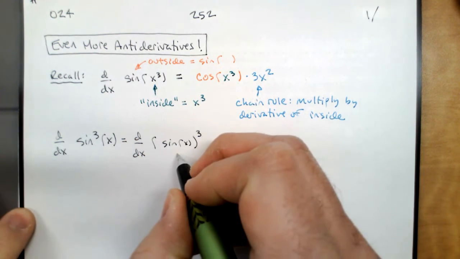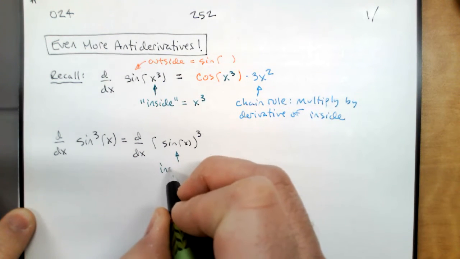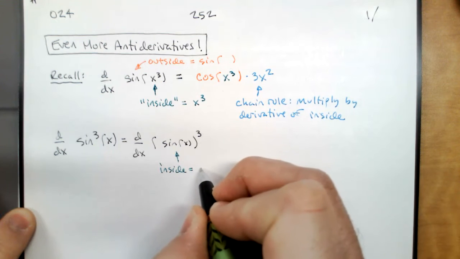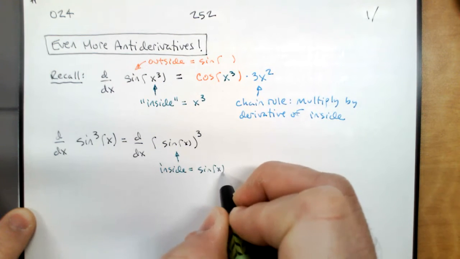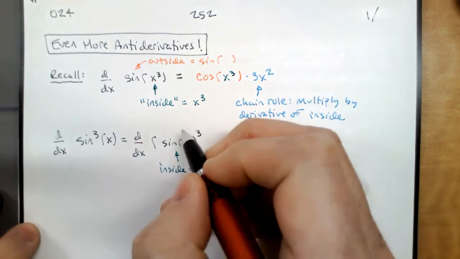So now we've switched the order of the operations. The inside is sine of x, and the outside function, the thing we're actually taking the derivative of, is an x cubed function.